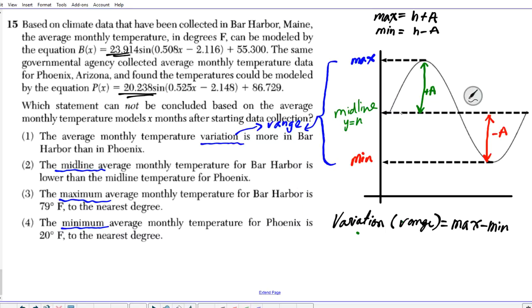Alright, so these are the 4 different things we're going to be finding for these two functions, and then we'll see which one is accurate. Those ones will be eliminated. The one that's inaccurate will be the correct answer, because we're looking for which statement cannot be concluded. So which of these is false based on our determination of the components of these two models.